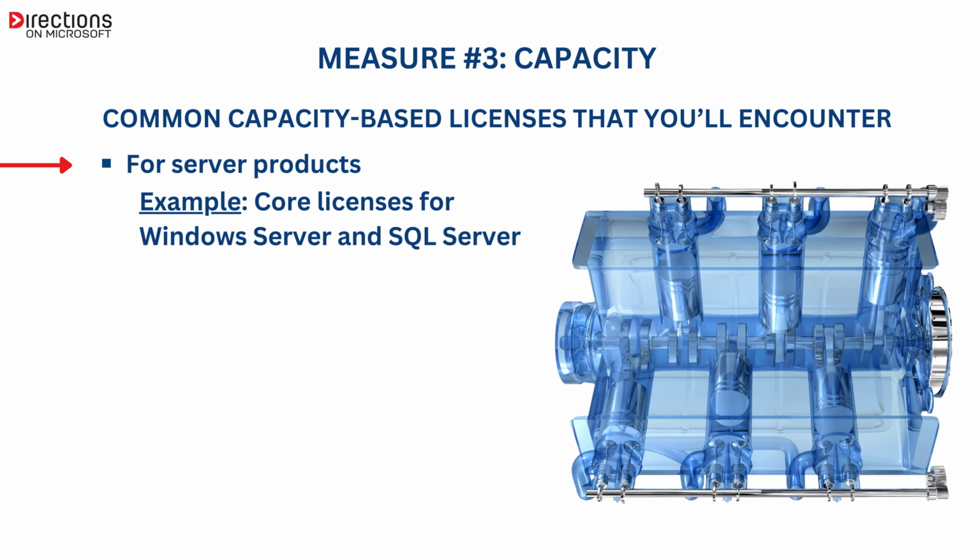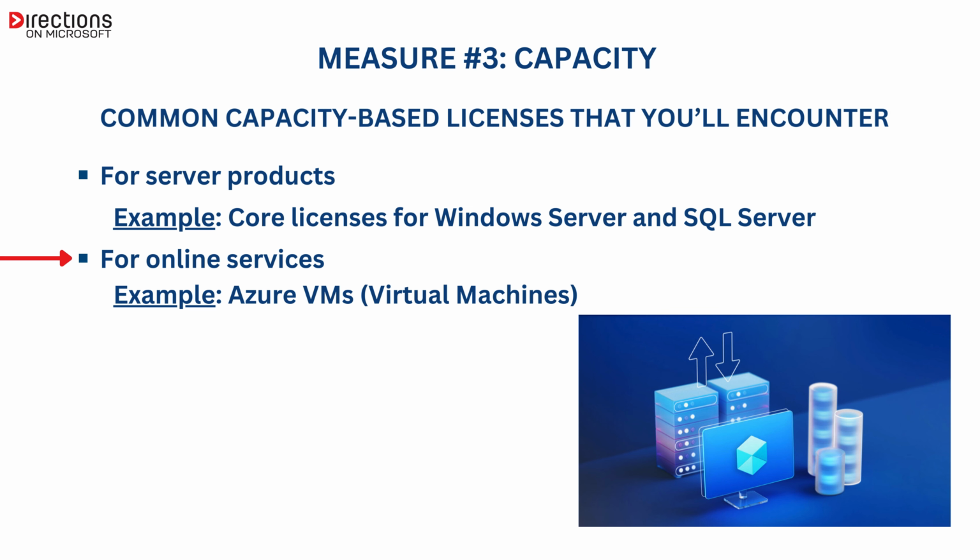Today's processors have many cores, with the cores akin to cylinders in an internal combustion engine. As a general rule, the more cores, the more computational capacity. So the capacity-based fee for running Windows Server or SQL Server on server hardware is in the form of core licenses.